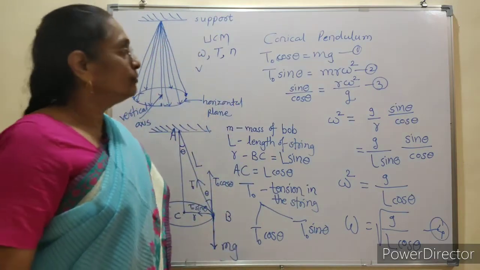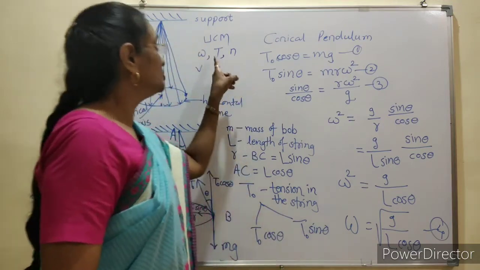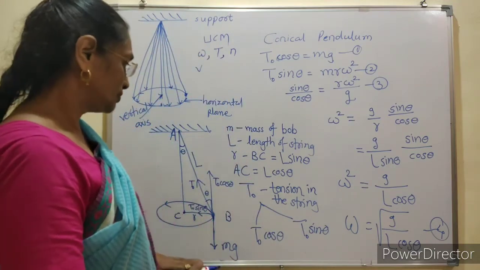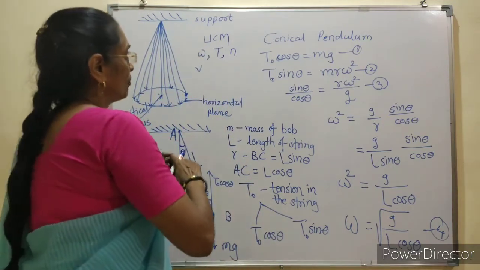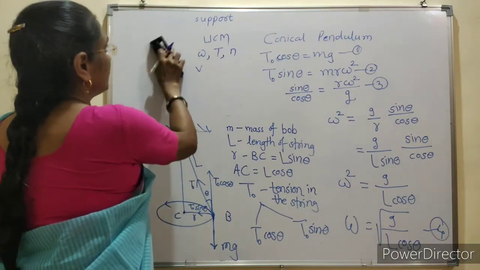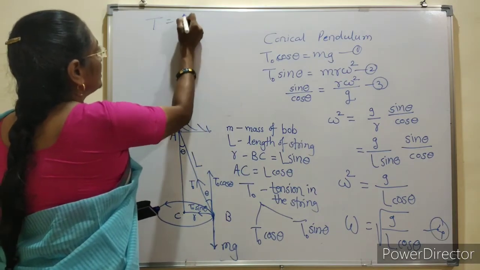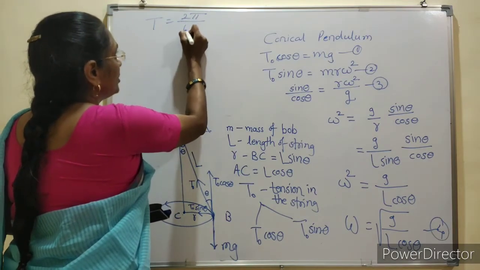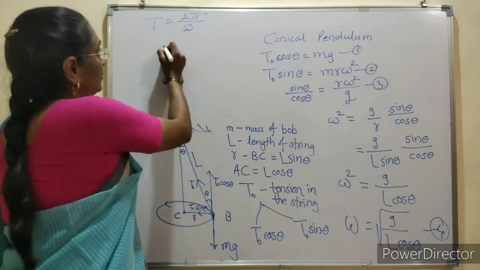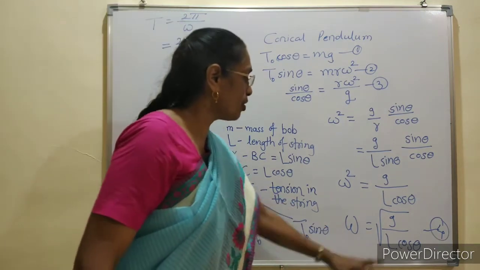So one term we have obtained. Now the second term is period. Also you know the formula for period. It is a basic formula. T is equal to twice pi upon omega. So here twice pi and omega we have obtained.